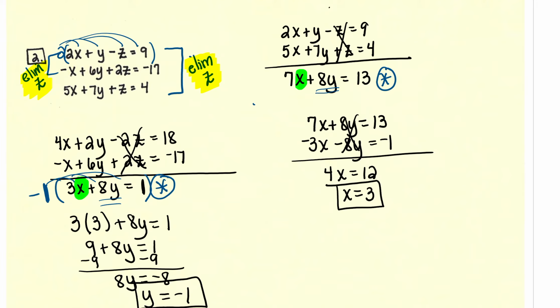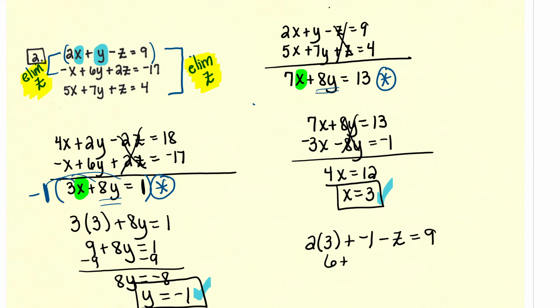Once you get two answers, go back to any one of the original equations. Completely your choice. I think I'll go up to this top equation. So where that x is and where that y is, I'm going to put in what I just got. So I will have 2, but where the x is 3, plus y, which is negative 1, minus z is equal to 9.